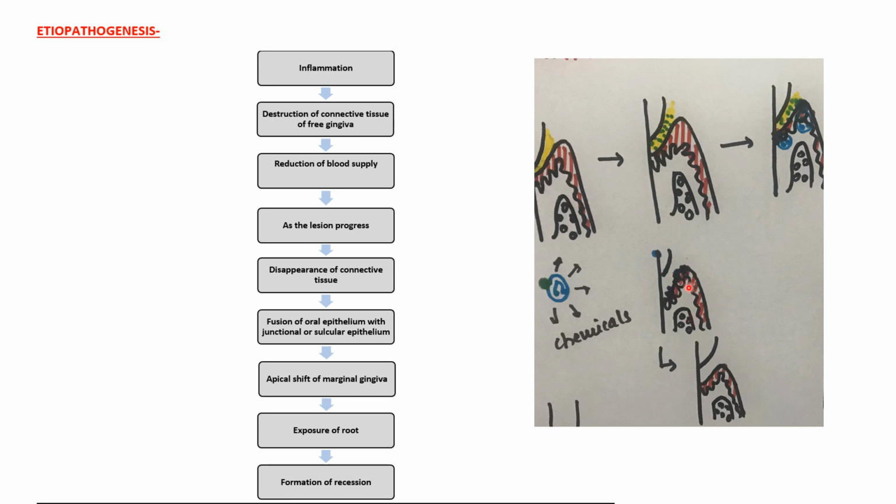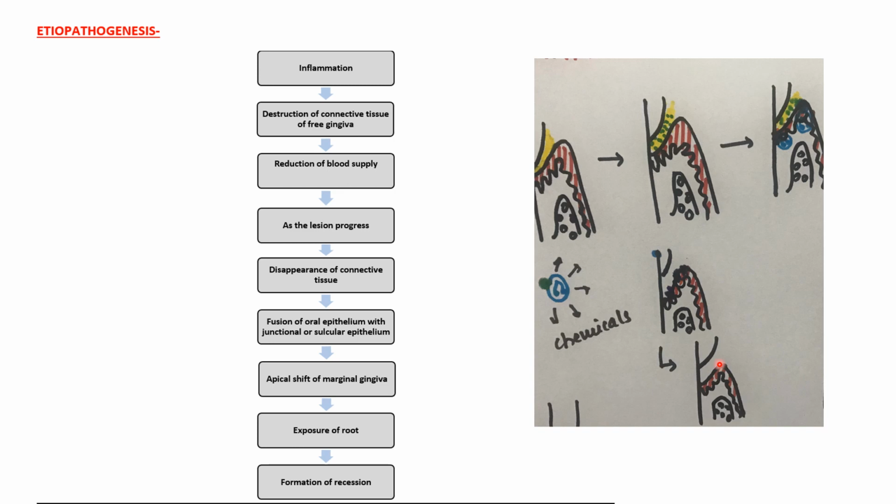As your connective tissue consists of vascular supply, as it contains cells, blood vessels, nerves, as it is destructed, there is reduction in the blood supply. And as the lesion progresses, if no treatment is done in proper time, the connective tissue completely disappears.